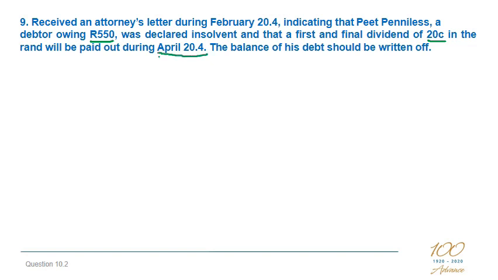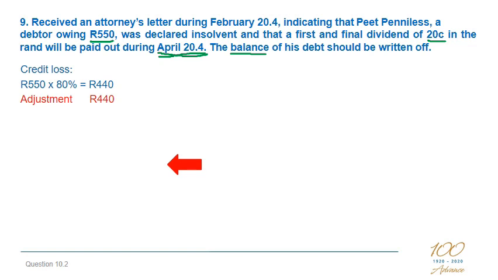So I'm only going to receive the cash during April, but the balance of his debt should be written off. If we receive 20 cents, what would the balance then be? The balance would be 80%. So I'm going to take the total debt of 550 times 80%. That will give me 440.